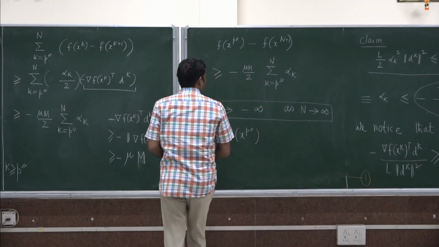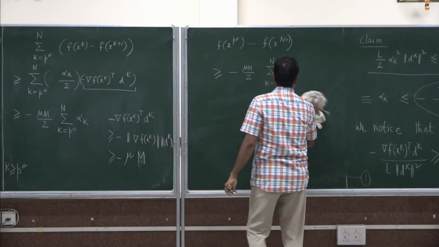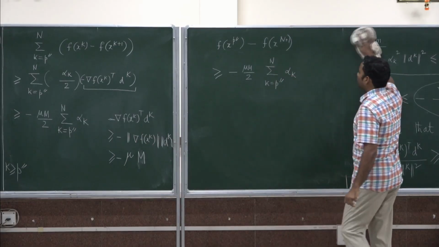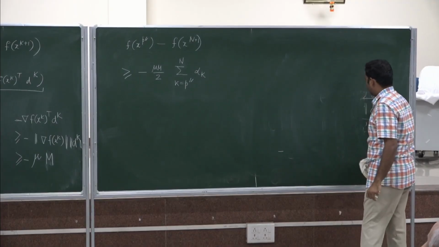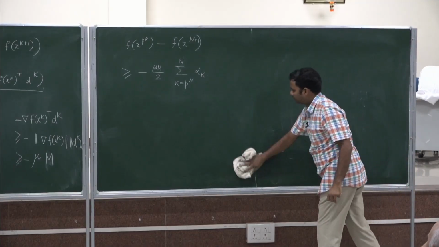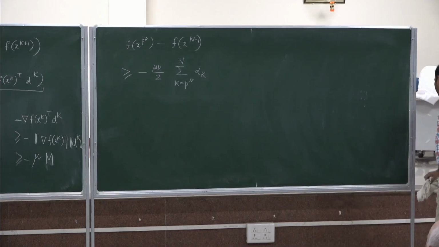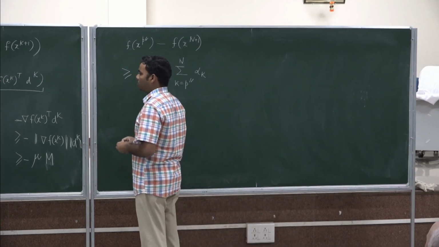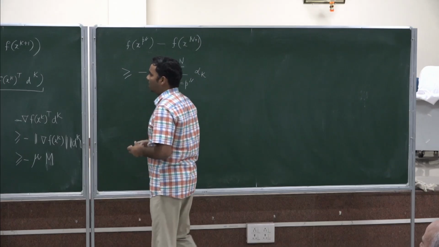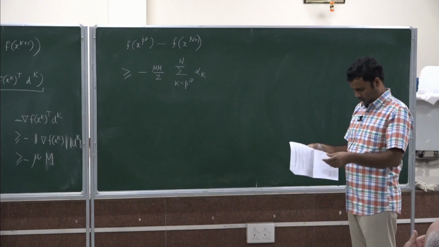How to show this? How to show this one? Am I missing some point? Let me check. There is something I don't understand.